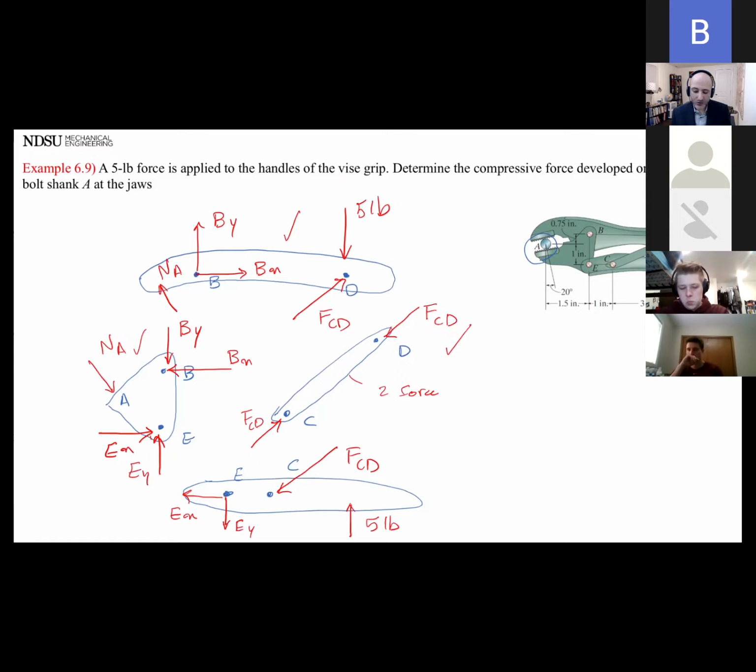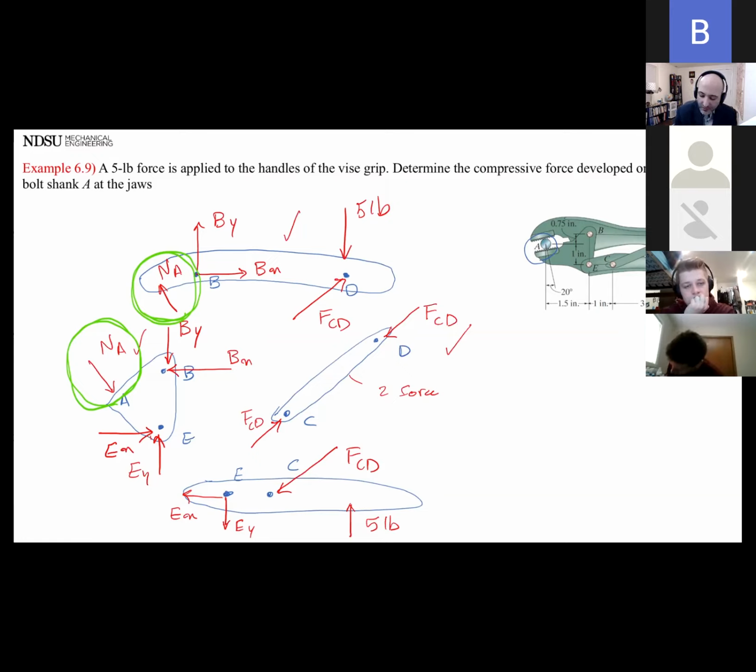So to solve this problem, what the problem is asking me is this NA. So I've got to use one of these free body diagrams to solve it. And you've got to always look to see, you can have up to 3 unknowns on every free body diagram, right?